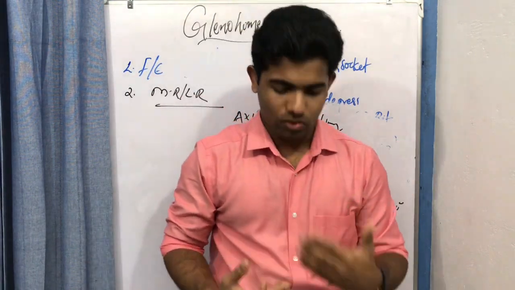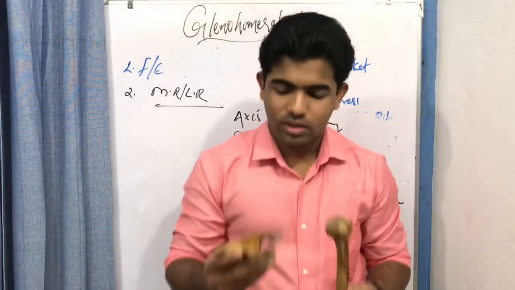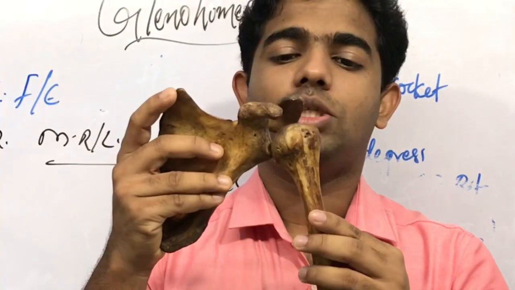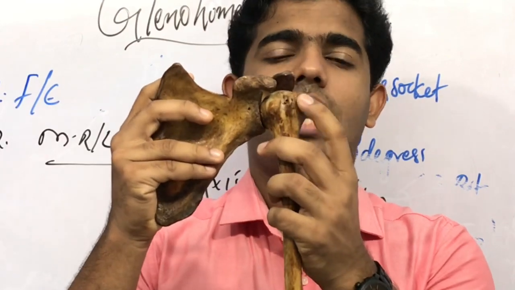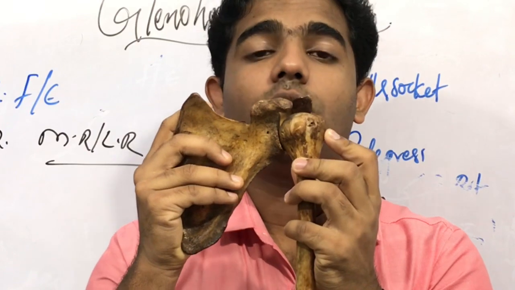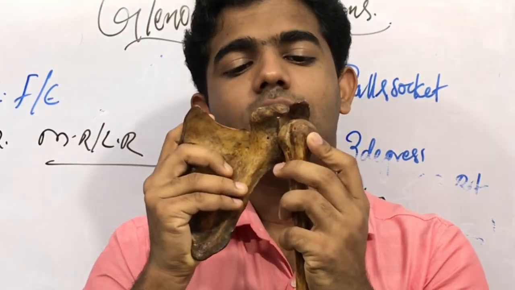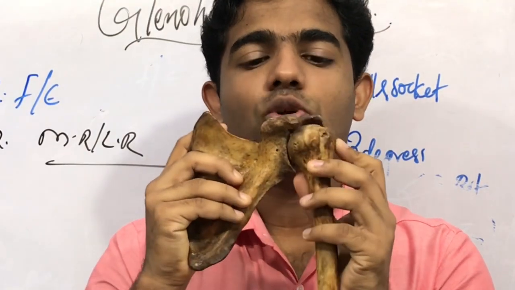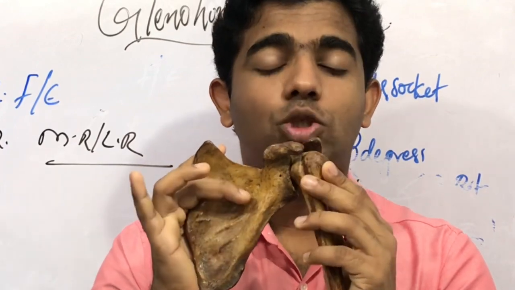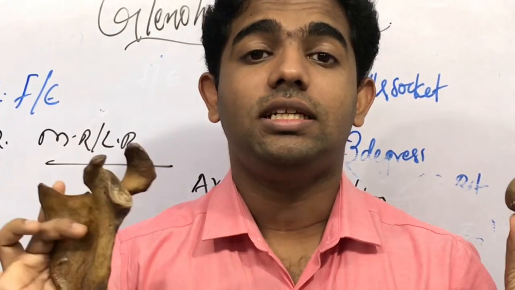That is because, just see on this diagram here, this is the glenohumeral joint, and you see that we have the greater and lesser tubercles over here. Now imagine I'm going for medial rotation with the arm at the side. These tubercles come in contact with the glenoid fossa and restrict the available range of motion.